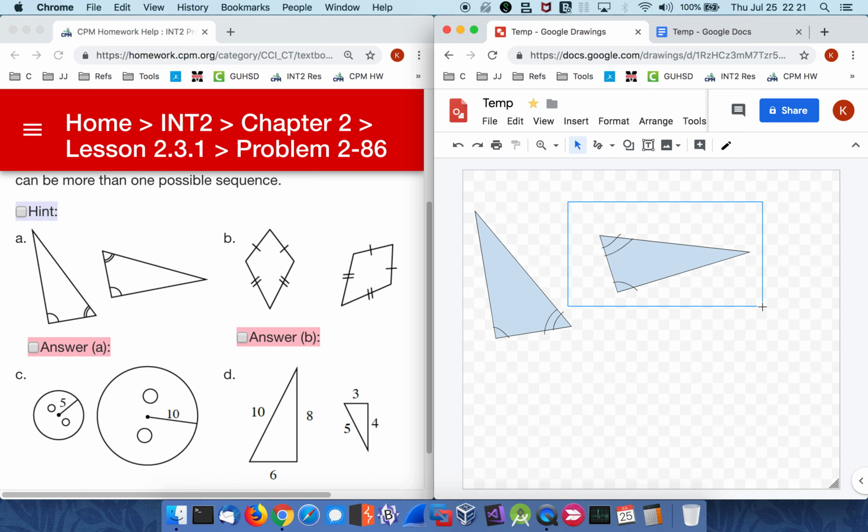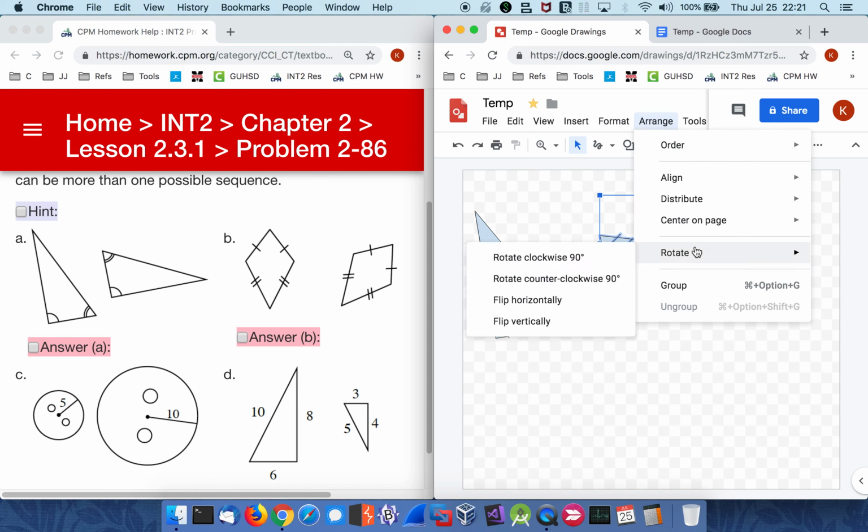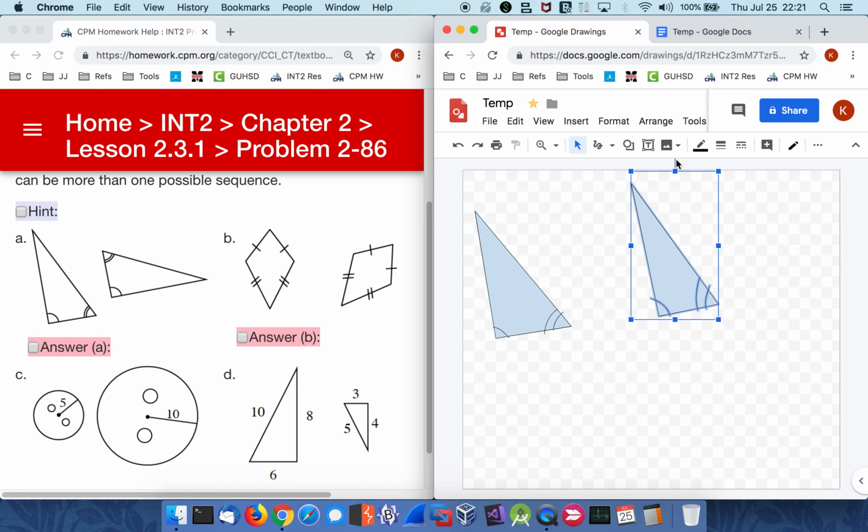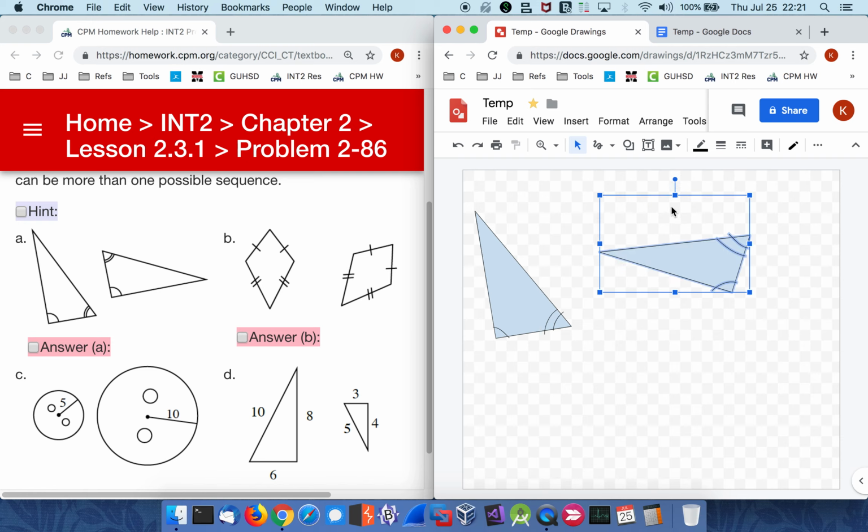Alright, well let's see here. I'm going to start by flipping it. So I will flip it, okay, and then rotate it. Let's say, maybe not that far.